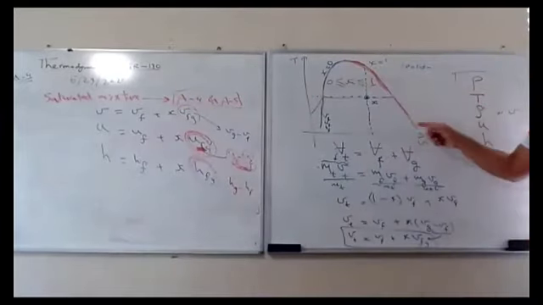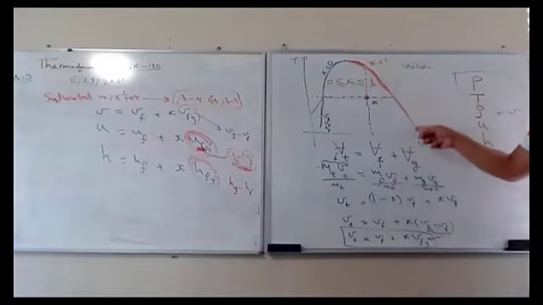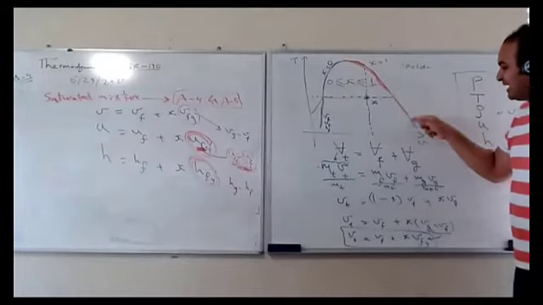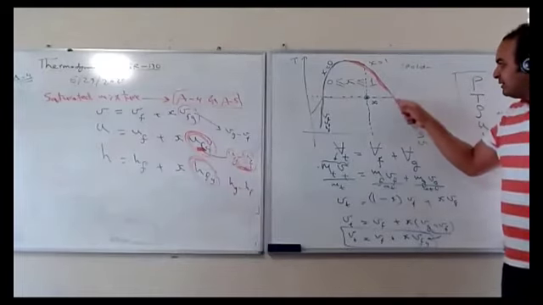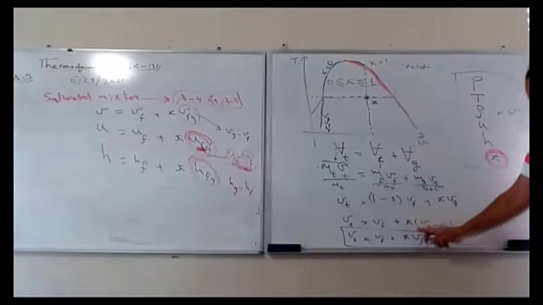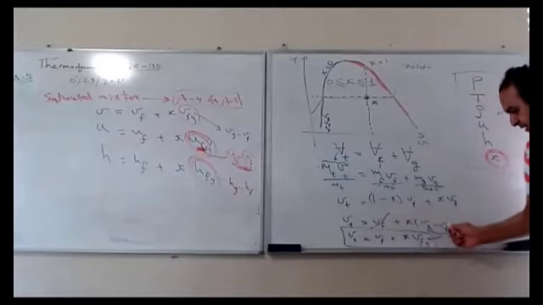This line is x equals 1. This is the hot line, 800 something. X equals 1 is the saturated vapor line, completely vapor. There is no liquid. It's impossible to see any droplets of liquid here. Put x equals 1 here. It means this guy is 1, so it cancels this guy.